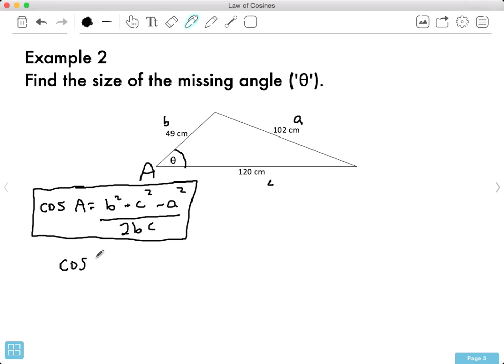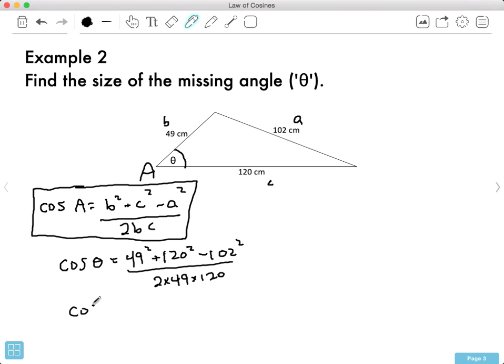Okay, so let's fill it in for this question. Cos big A, so cos theta, because we don't know what big A is, equals 49 squared plus C squared, which is 120 squared, minus 102 squared, divided by 2 times B, which is 49, times C, which is 120.